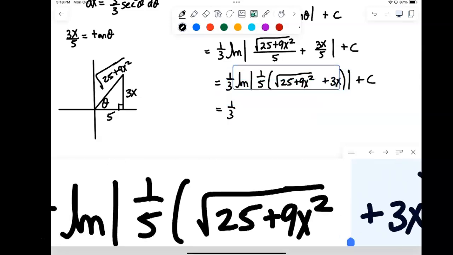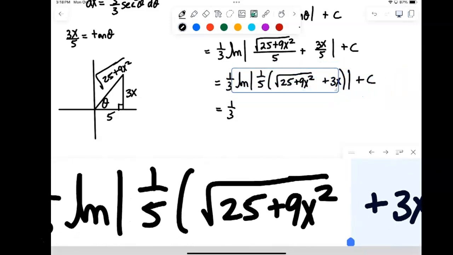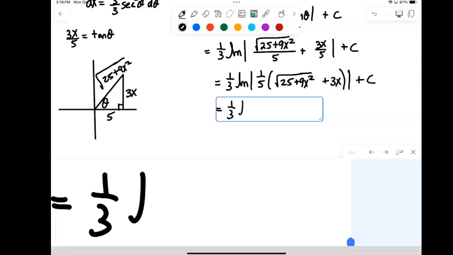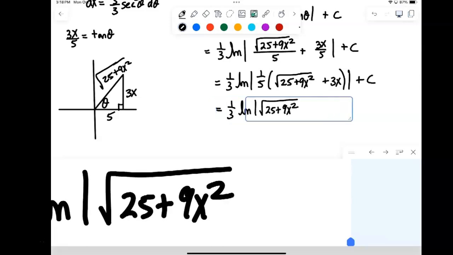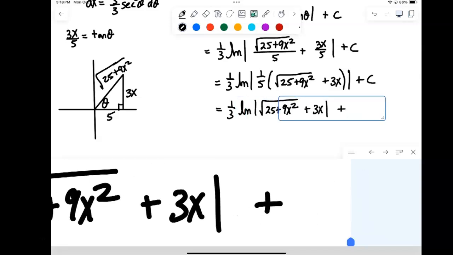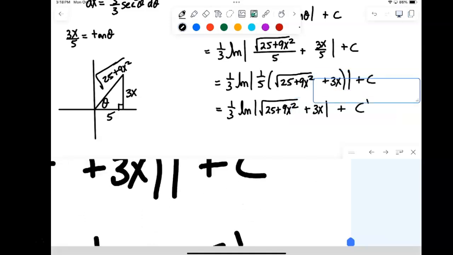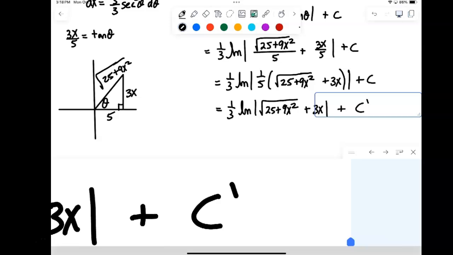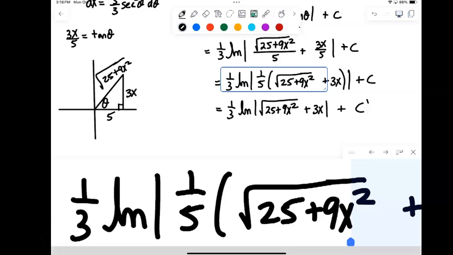Because ln of a product is ln of the first plus ln of the second. So you have ln of 1/5, and ln of 1/5 is a constant. So they may just totally drop it out of the problem, kind of show off their knowledge, and just say plus c. Now, technically, it's a different c than this one, but usually you just write plus c anyway.